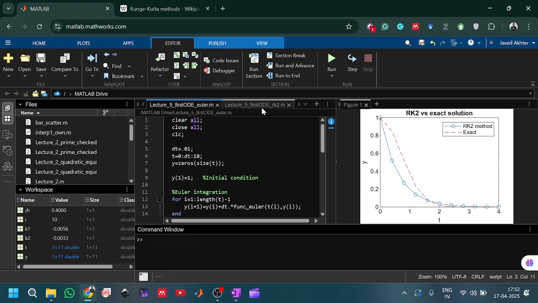And Euler, we have obviously observed earlier, was very different compared to the exact solution. Let me show you once again.